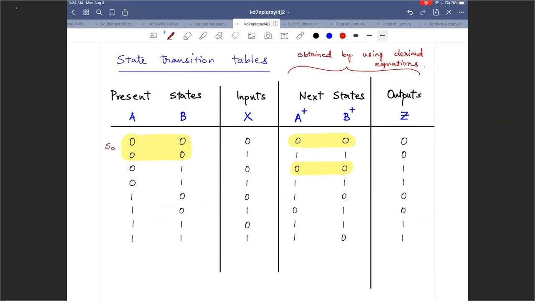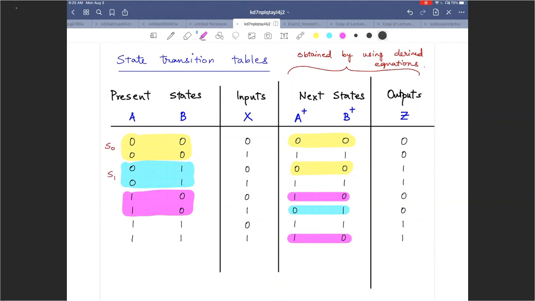And then when you have 0, 1, I'm going to use that for state 1. 0, 1 is here, and that's it. That will be my state 1. Next, state 2, 1, 0. Last one, state 3.